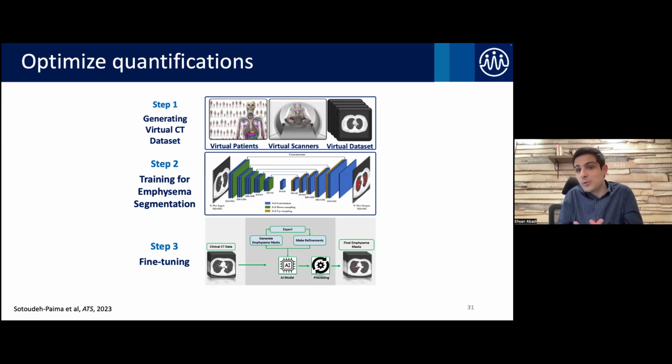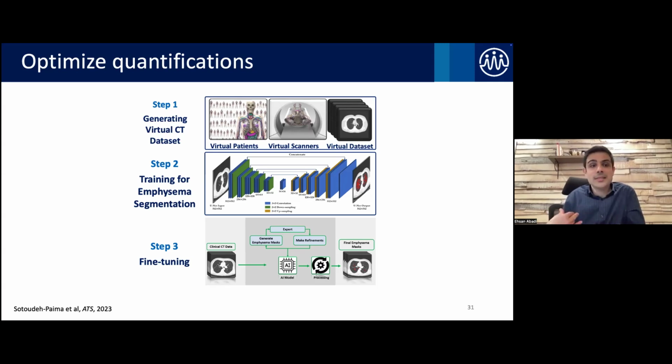Essentially, we had those patient models I showed you, imaged with DukeSim at different dose levels and different conditions, and this gives us a perfect reference CT data with which we can train and learn how to segment emphysema. And then in the end, we complemented this data with some clinical images with which we were able to fine-tune the segmentations, so we can be confident that the network we train can also work on clinical cases.